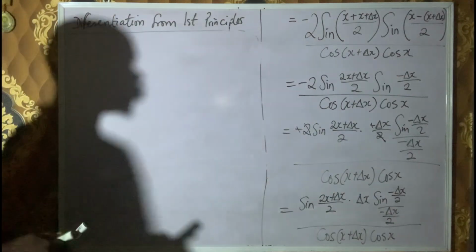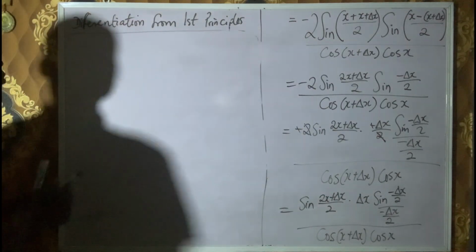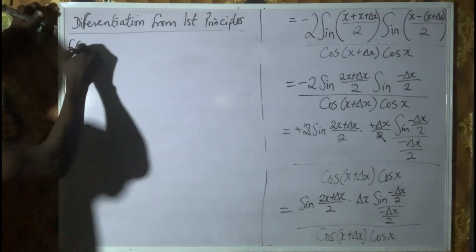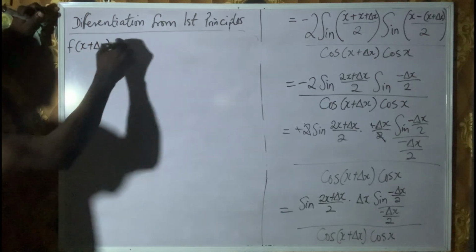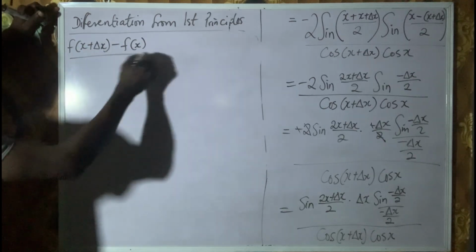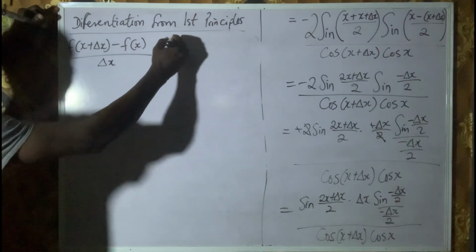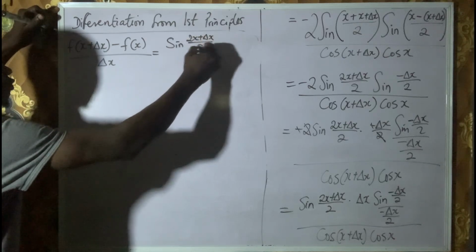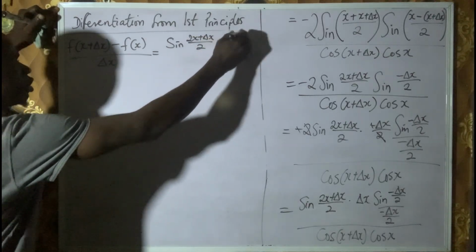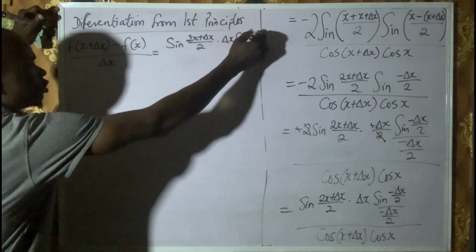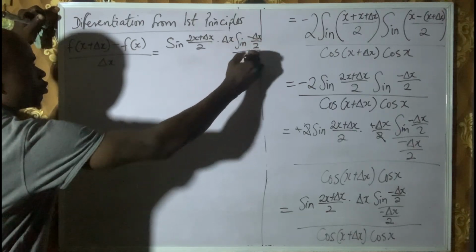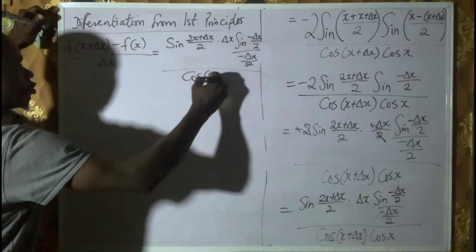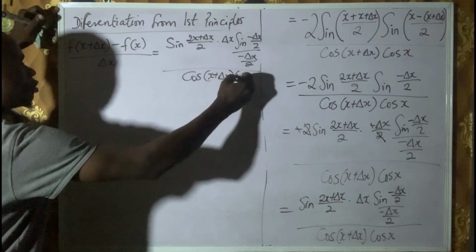So if I divide through by delta x, everything now becomes f of x plus delta x minus f of x all over delta x equals sine of (2x plus delta x) over 2 times delta x, times sine of minus delta x over 2 over minus delta x over 2, all over cos of x plus delta x times cos x.